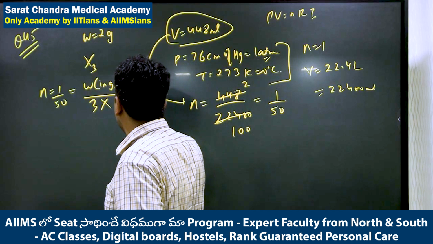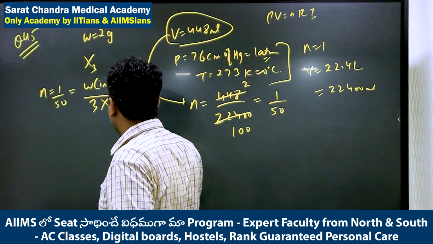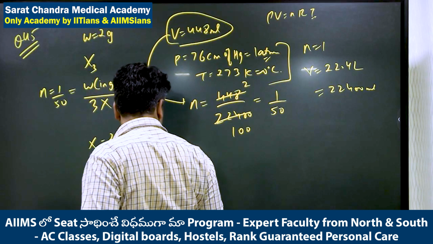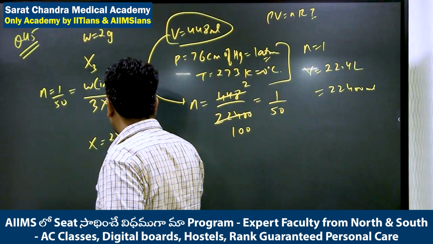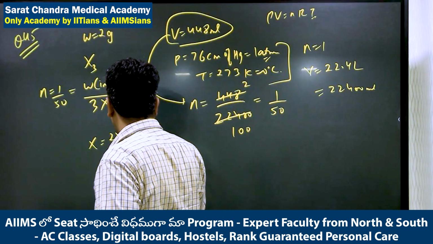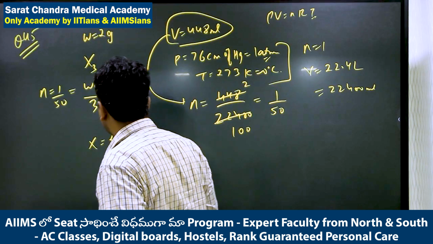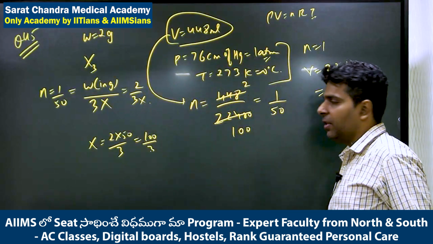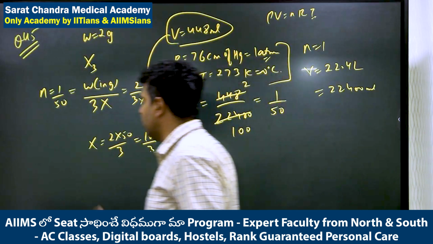So weight is given as 2. So what will be x? 2 into 50 by 3, 100 by 3. So x is coming out to be 100 by 3. That means mass of one atom is how much?